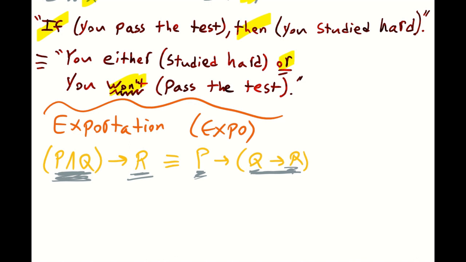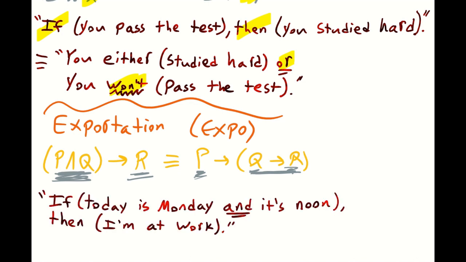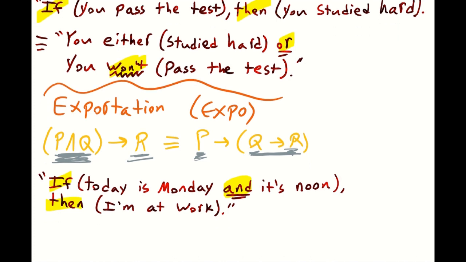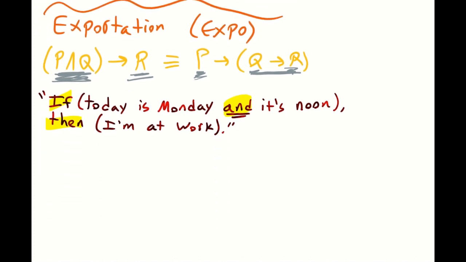So you kind of have to just think about it until it clicks. You can also do a truth table, but again, I don't want to do that. But let's look at an example because maybe that will help the most. Here we have, if today is Monday and it's noon, then I'm at work. So the question is, what would this be logically equivalent to?